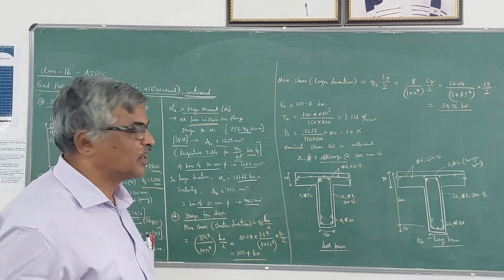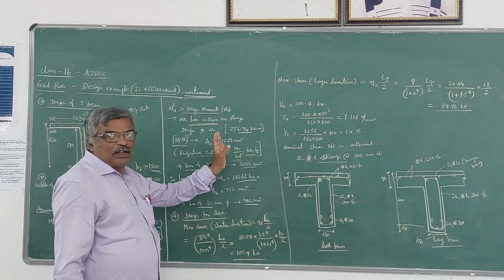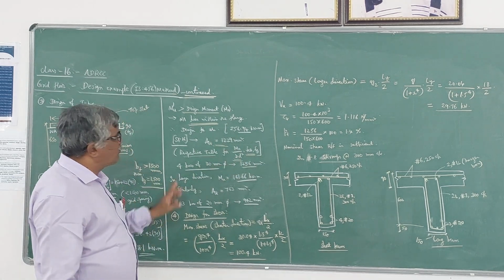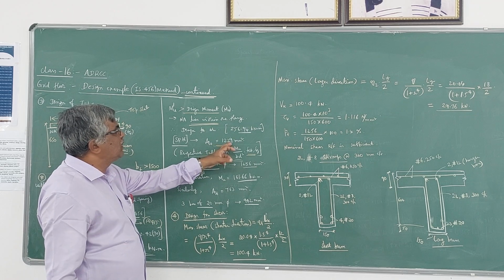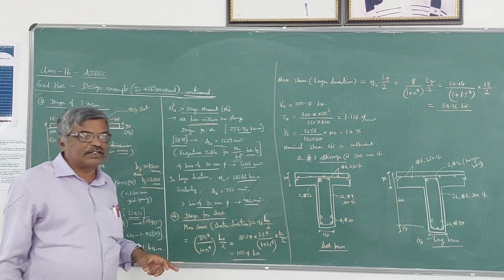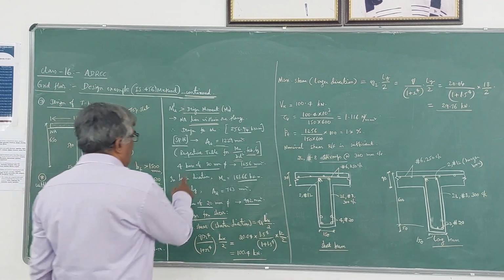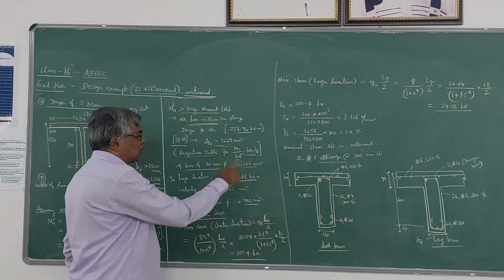So you can directly use SP16 for calculating the quantity of steel reinforcement required by knowing these values. Once you use that, you get 1229 millimeter square as the tension steel. So assume 20 mm diameter bars; you have to provide 4 bars, which gives an area of 1256, which is slightly more than this.